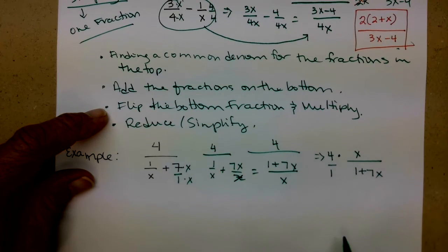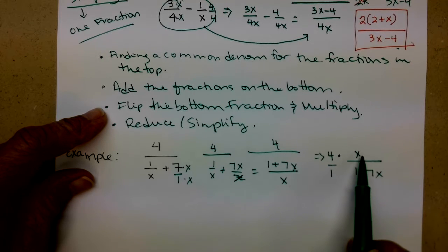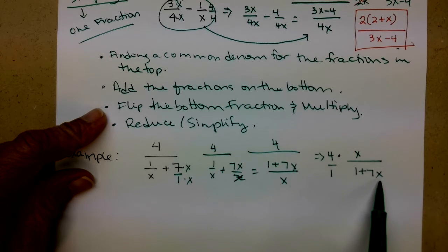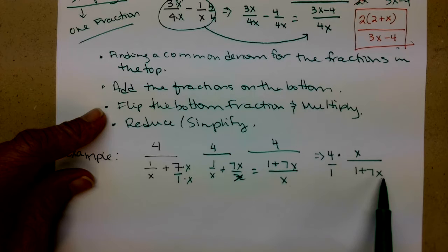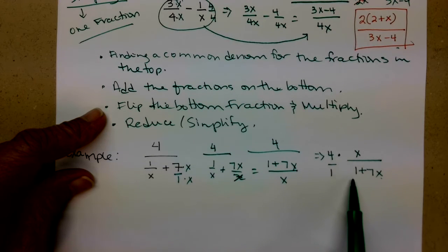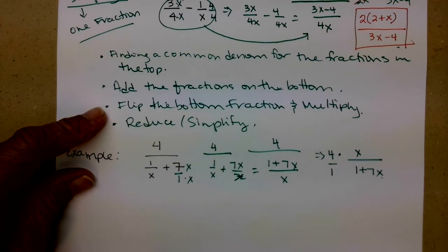Look for any factors that are common to reduce. Be careful. The x from the top, I can't cancel it with this x that's multiplying my 7 because the x isn't multiplying everything else that's on the bottom. It's just multiplying by the 7, and then I've got this old plus 1 going on. So the x is not a factor of the denominator. So there's really nothing to do but multiply across.